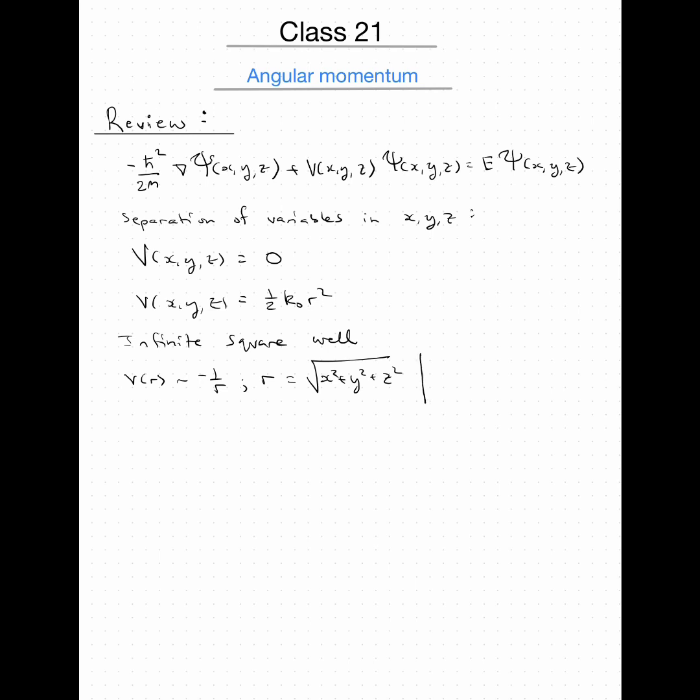And we noted that separation of variables is impossible for this case.